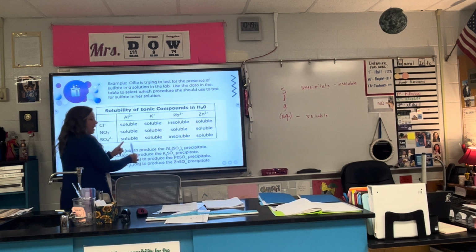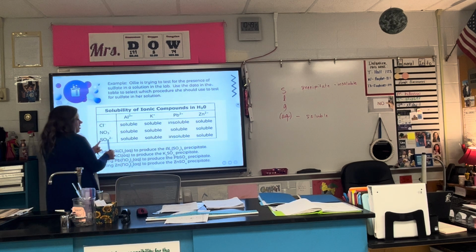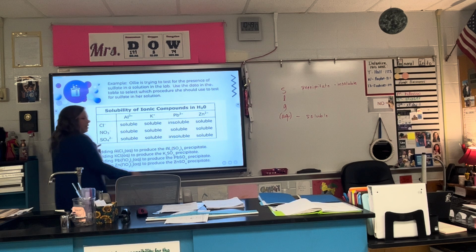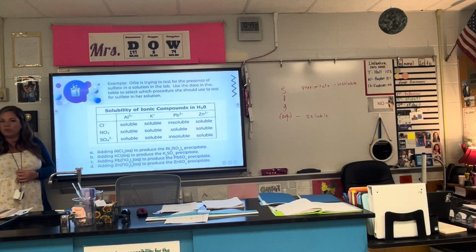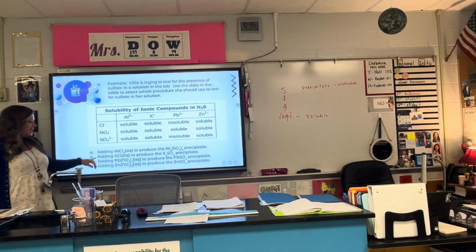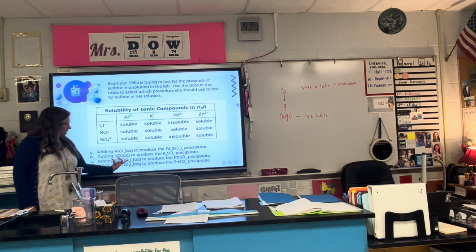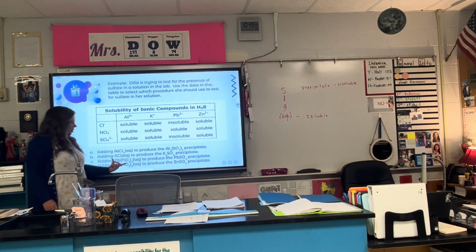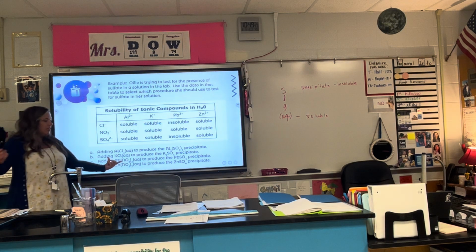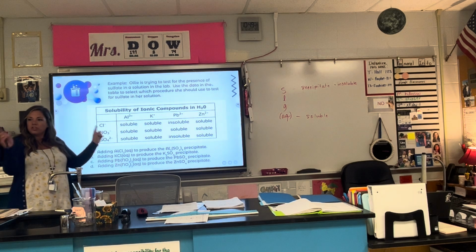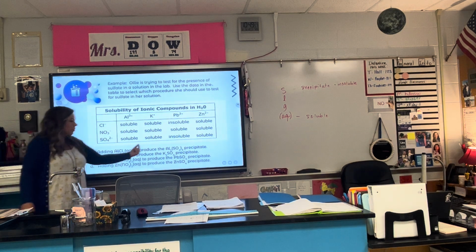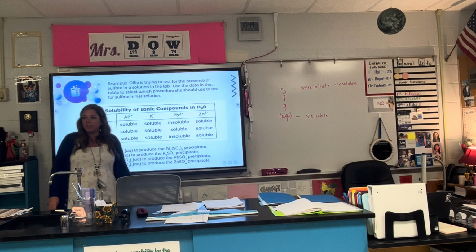Lead sulfate is insoluble, so there's your precipitate right there. I feel like they're adding this to something else, because it says to produce, so they might be adding it to something like lithium sulfate, and that's where they're switching it and getting the lead with the sulfate to get lead sulfate.